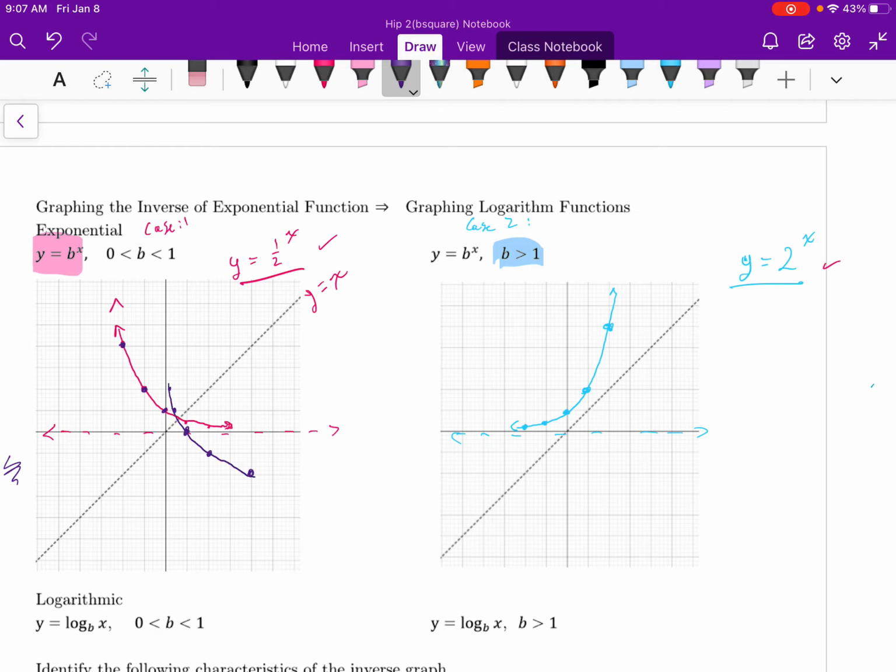And what we see is that this is the logarithmic, or this is the inverse function of my exponential. Now, since we had a horizontal asymptote for my exponential at y is equal to 0, this turns into a vertical asymptote for the inverse.